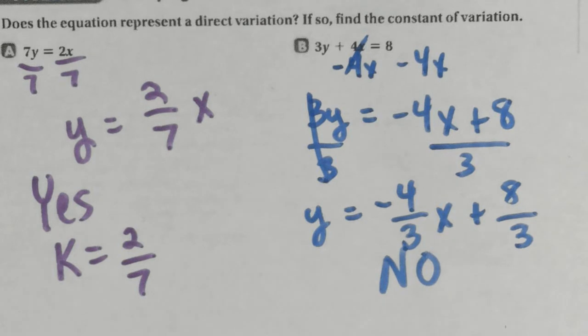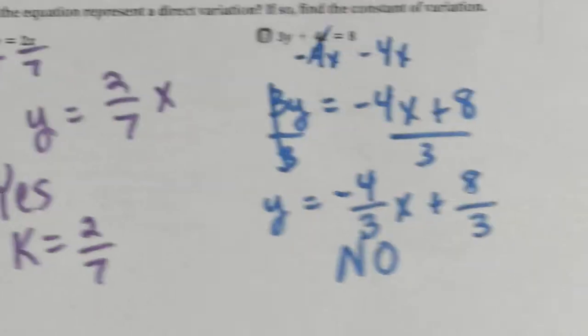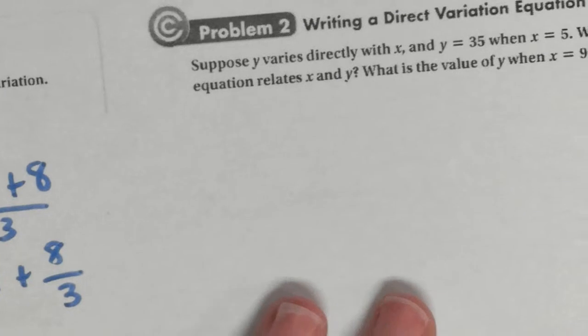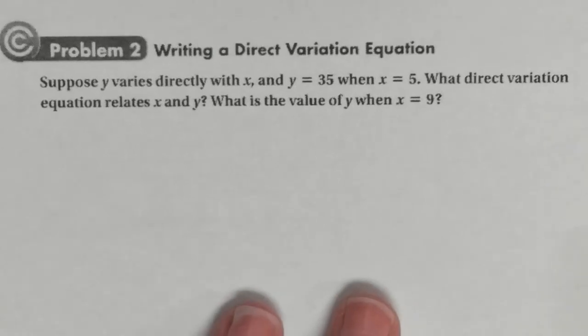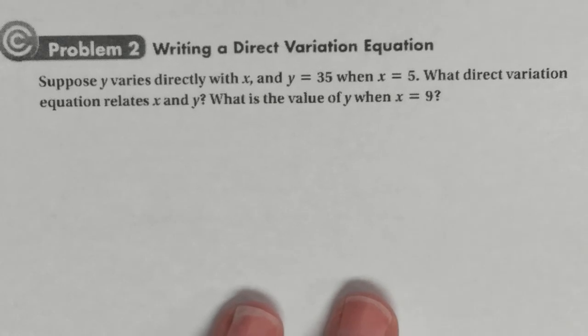Alright. The next one says on problem 2, suppose y varies directly with x and y is 35 when x is 5. What direct variation equation relates x and y, and what is the value of y when x is 9?